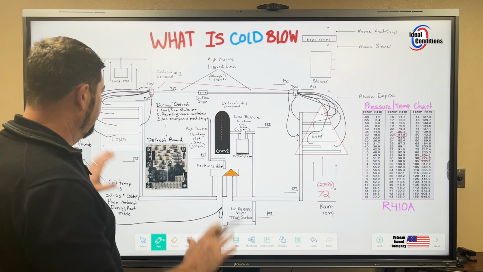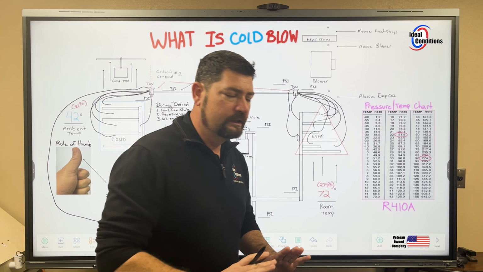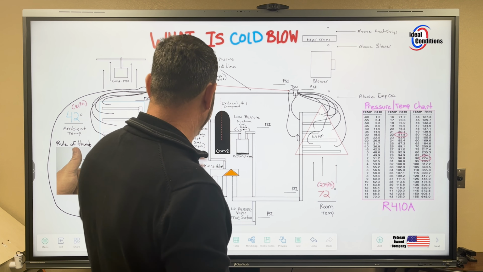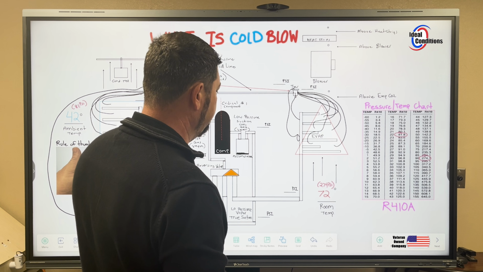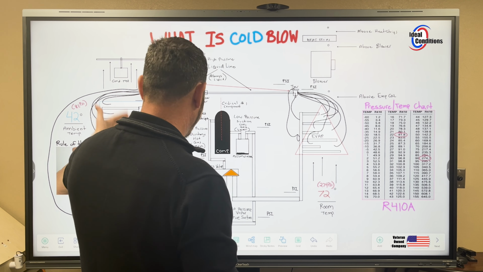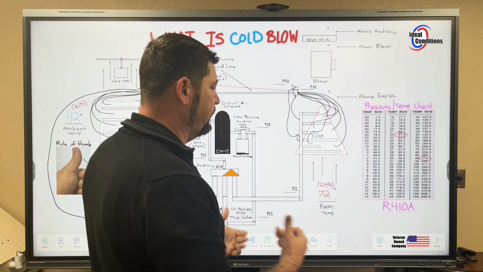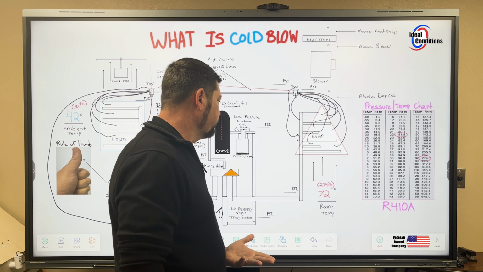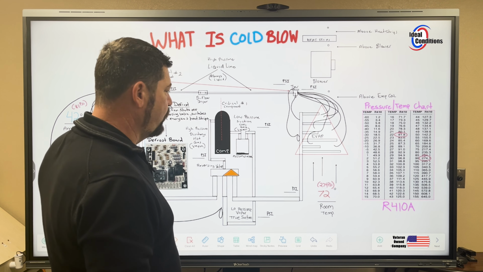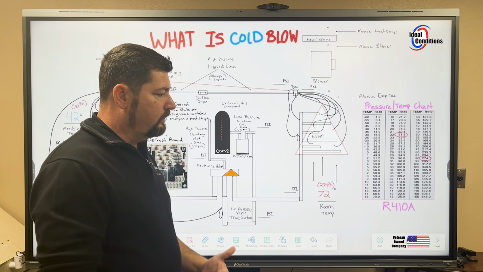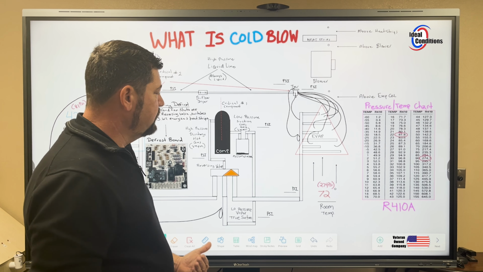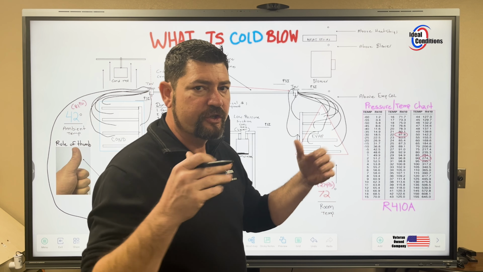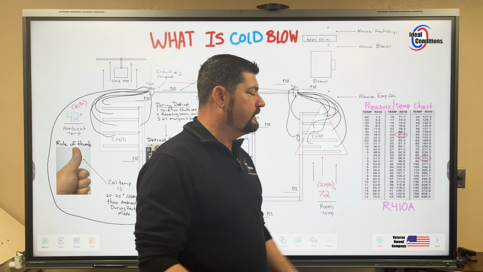And remember, this is just a scenario, so this doesn't guarantee that 20 degrees or 25 degrees is going to be that every time. There's a lot of things that could change that. Dirty coils, not properly charged systems, poor airflow, maybe RPM not being matched up just right. Maybe somebody put a motor in there and those fan blades aren't sitting in that shroud, so we're not moving air effectively across the coil.